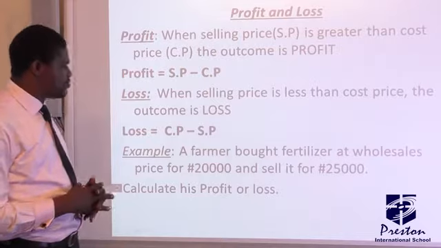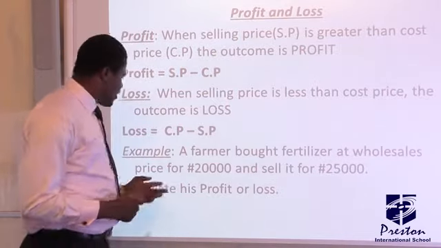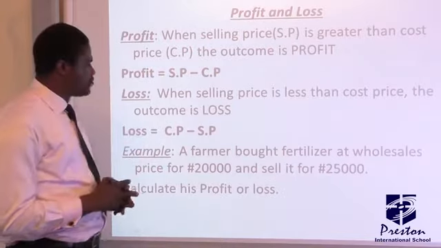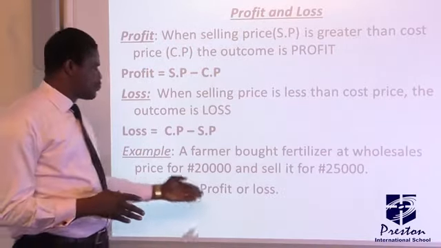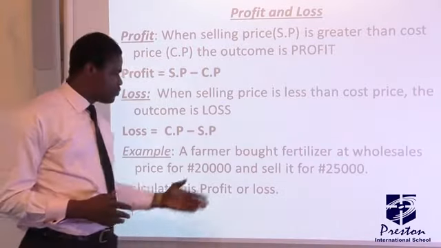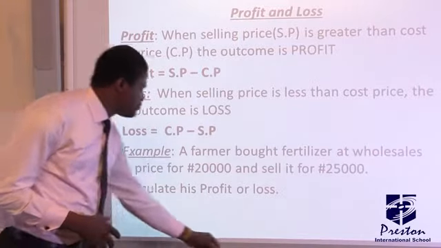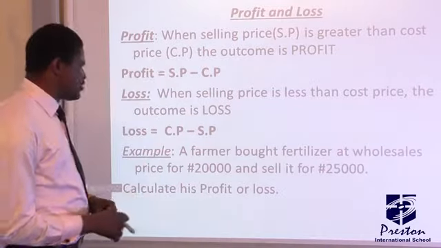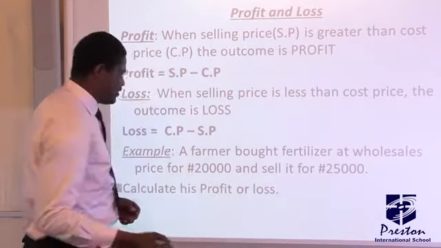For this example now, a farmer bought fertilizer at wholesale price for 20,000 and sold it for 25,000. Calculate his profit or loss. In this situation, you have to determine whether it's profit or loss. If we look at the question, the selling price is 25,000, while the cost price is 20,000.